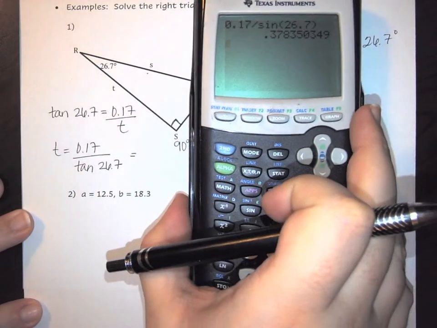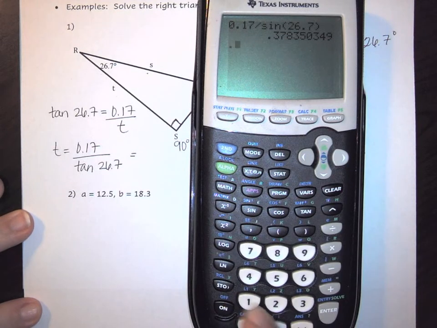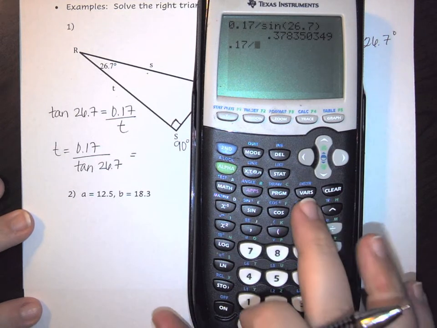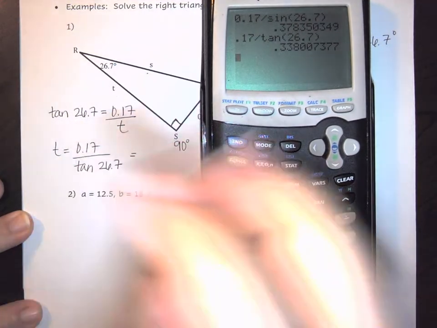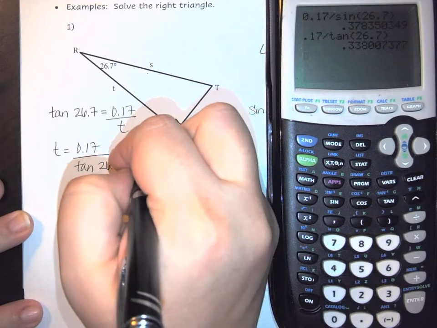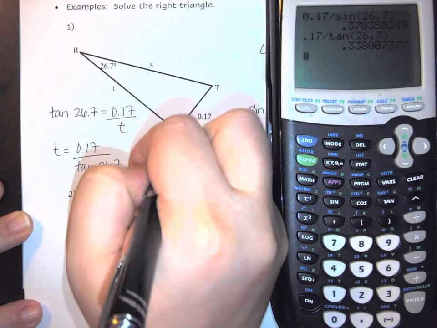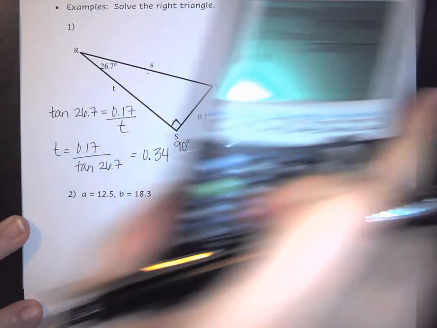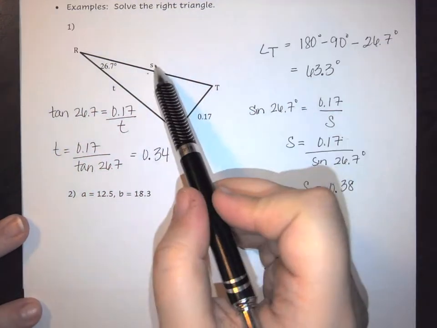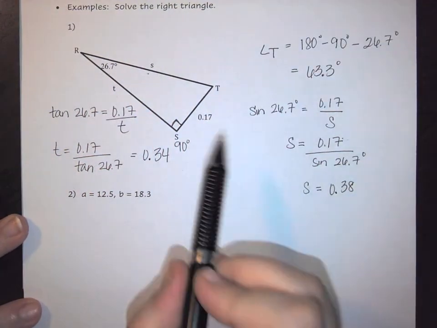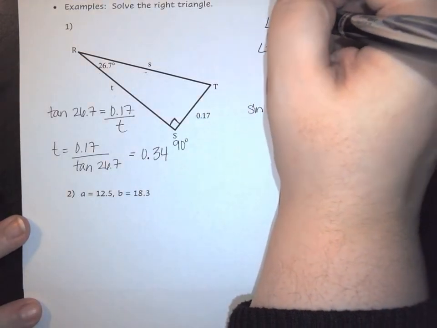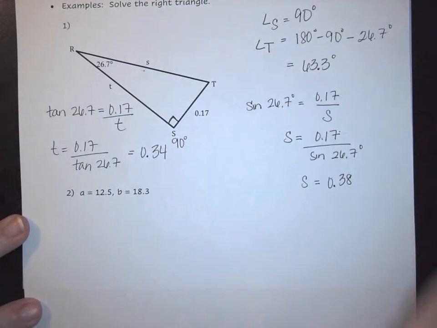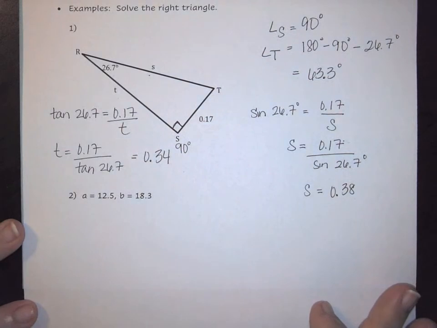Just like with the other, we would take our calculator, 0.17 divided by the tangent of 26.7 degrees, hit enter, and there we go. So this would be 0.34. Now since I have found the other three missing pieces, as well as the fact that we already know that angle S is equal to 90, we have solved our triangle.